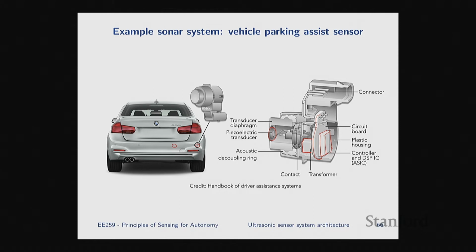There's the oscillator, there's the waveform generator, and then the amplifiers on the transmit and the receive side, filter, ADC, and possibly some DSP on board to process the signals. Some of them don't do the DSP on board and just give you digitized signals, and then you can have a separate microcontroller or some compute elsewhere that does the processing for you. So that's what these look like, and there's several companies that make them. This one is from Bosch, for instance.